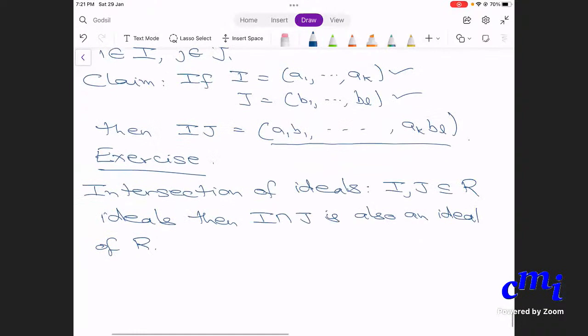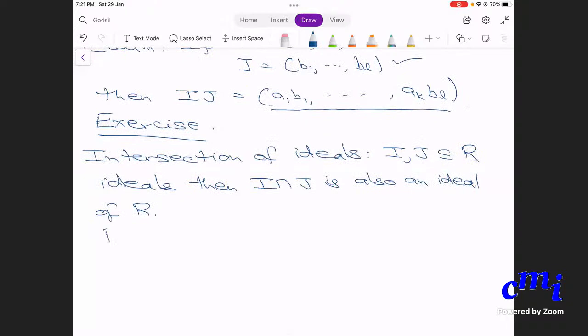What do you mean show? You have to show that it's closed under differences and closed under product by an arbitrary element of R, both of which are easy to see. So this is the third operation on ideals. Again, let us try and see examples of this operation in Z. So in Z, what is the intersection of 6Z and 15Z?